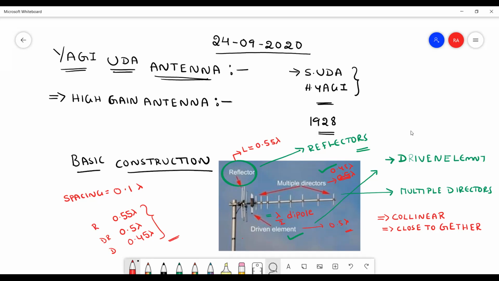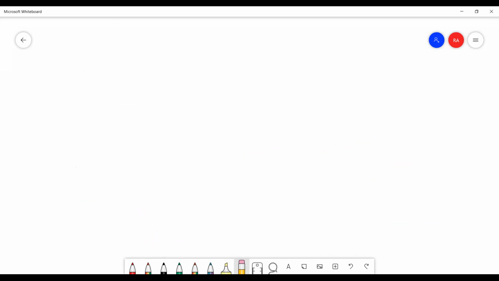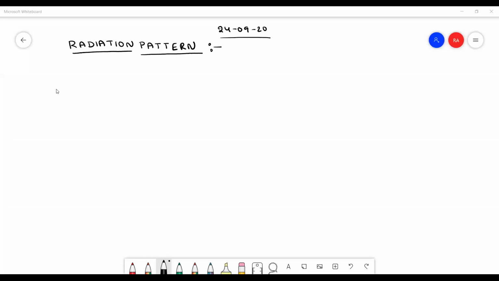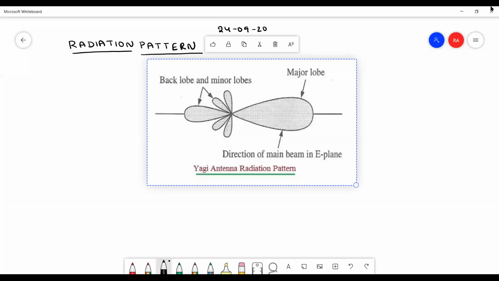So let us discuss the radiation pattern for this Yagi-Uda antenna.